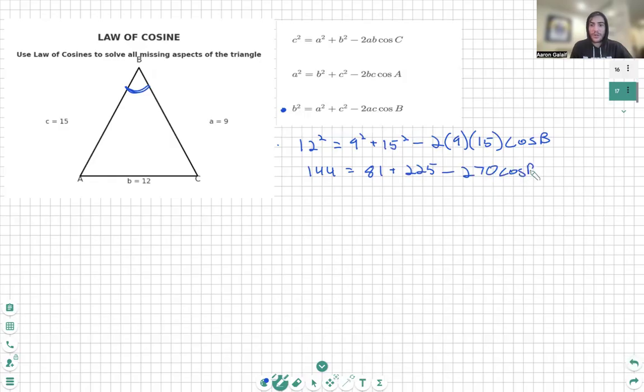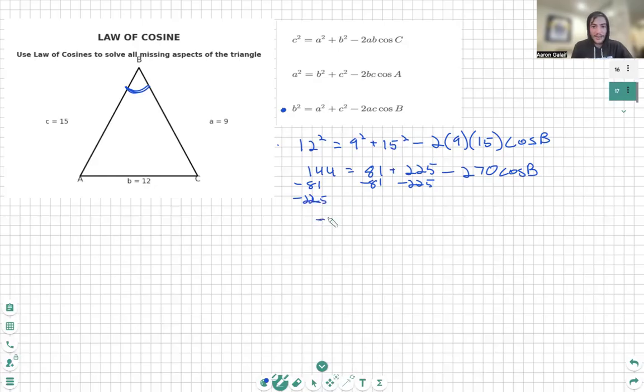All right, so far, so good. Next, we want to get our cosine of B by itself. So I'm going to move my 81 and my 225 over to the left side where the 144 is. So we'll go 144 minus 81 minus 225.